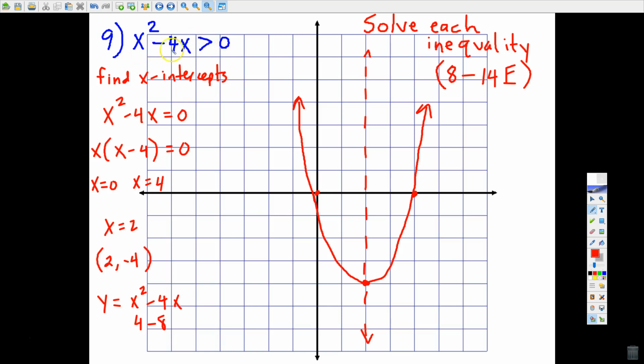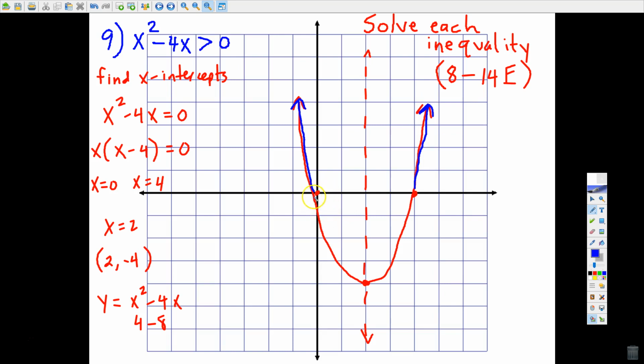Because what this reads as is, where is this parabola above? Greater than means above the x-axis. Well, above the x-axis would be this part of the parabola. So this is a little bit like we did on the previous problems, and this part of the parabola.